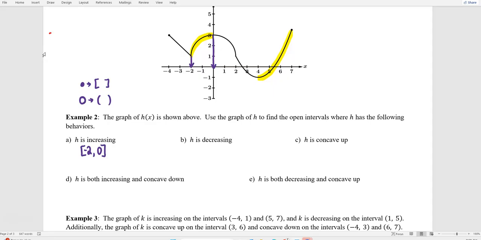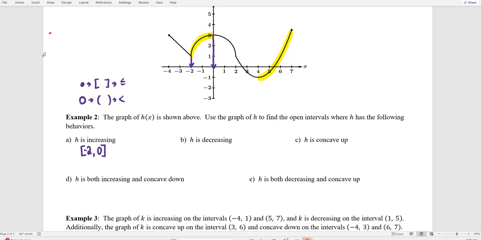The other way to write it is with inequality notation. With inequality notation, if we have brackets or closed circles, we want to use less than or equal to signs. And if we have open circles, we just want to use a less than sign. In general, for increasing or decreasing, unless you have an open circle on the graph, you want to use brackets for those.